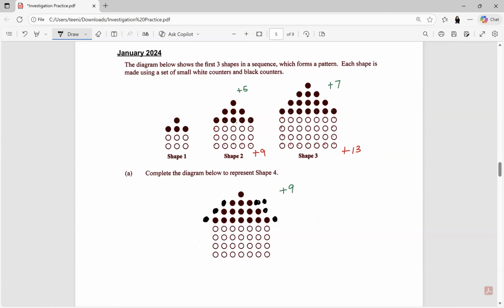I think my diagram is looking weird. Where should the others go? Mine looking real weird. Let me try it again. Y'all could draw it too in your book, and you can send me a picture on WhatsApp and help me figure it out. I just know that we need to add 9. I just don't know how to add it.